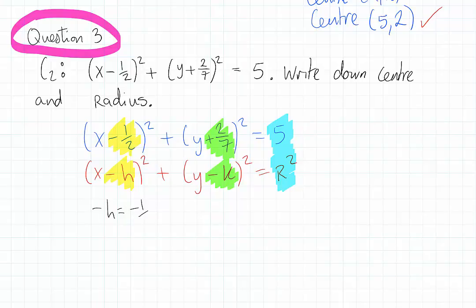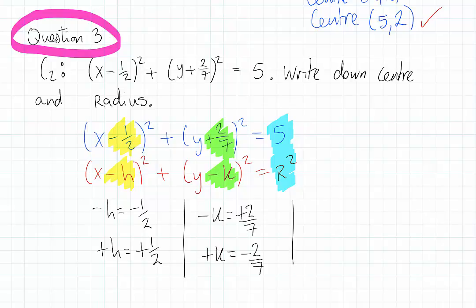So if minus h is equal to minus a half, that would imply that plus h is equal to plus a half. And minus k is equal to plus 2/7, so plus k is equal to minus 2/7. And if r squared is equal to 5, r would have to be the root of 5.